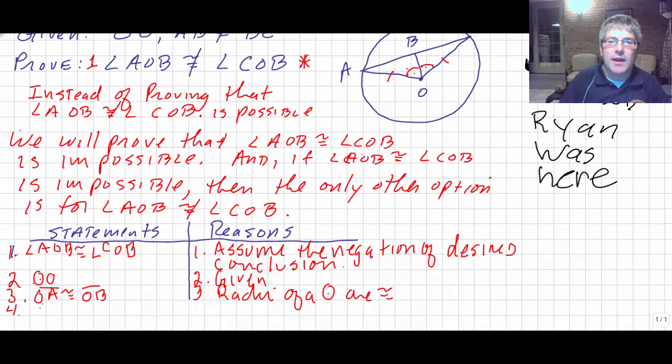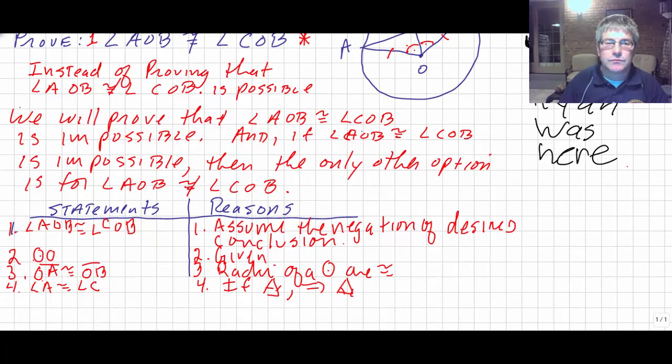I'm just going to say that angle A is congruent to angle C by if sides of an isosceles triangle are congruent, then the base angles must be congruent. And now my triangles are congruent by angle side angle.